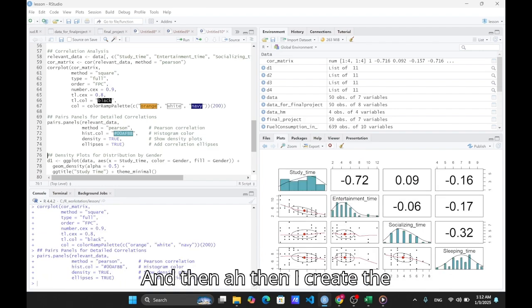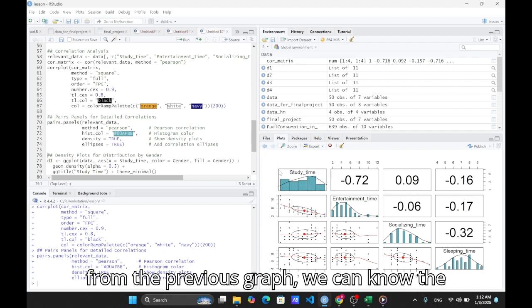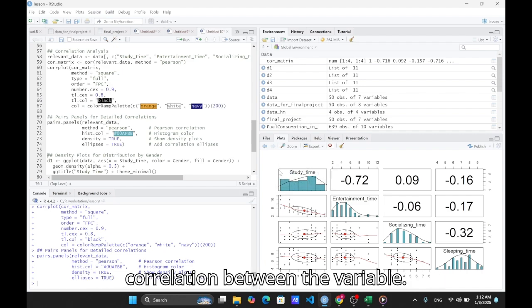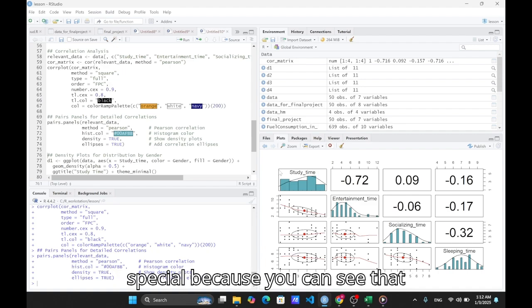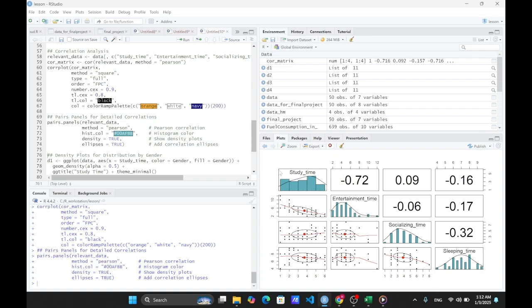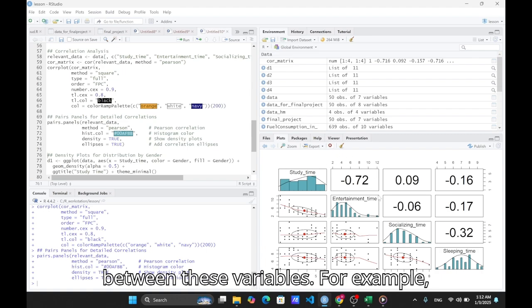And then I create the pair panel, because from the previous graph we can know the correlation between the variables, but the pair plot is more special because you can see the exact correlation value between these variables.